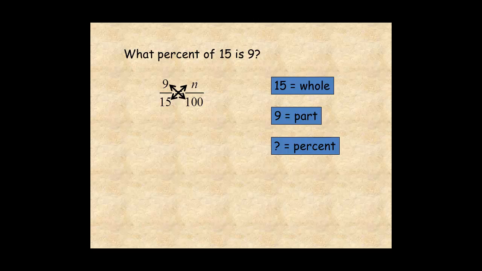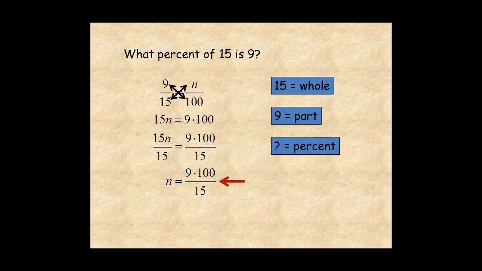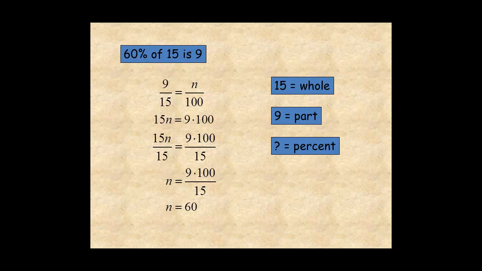Cross multiply, and you get 15 times percent equals 9 times 100. Divide both sides by 15, and you get percent equals 9 times 100 divided by 15, which is 60. So 60% of 15 is 9.